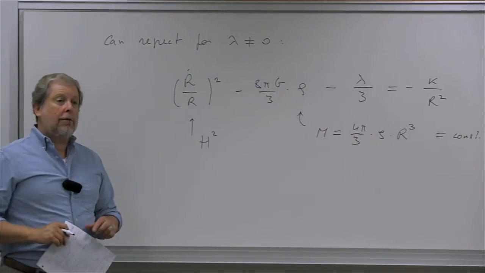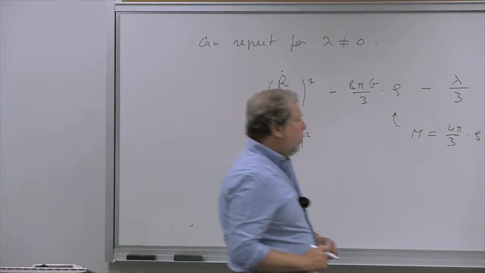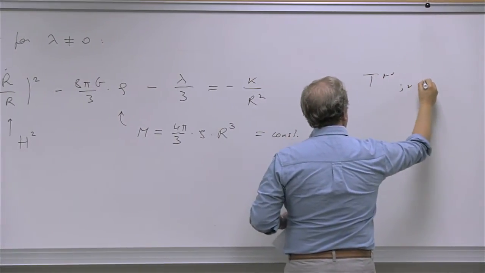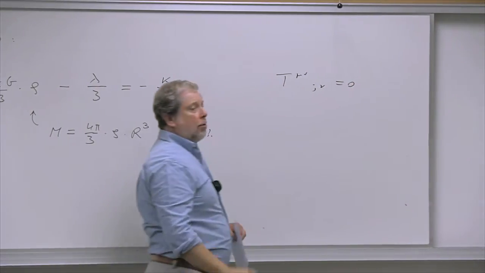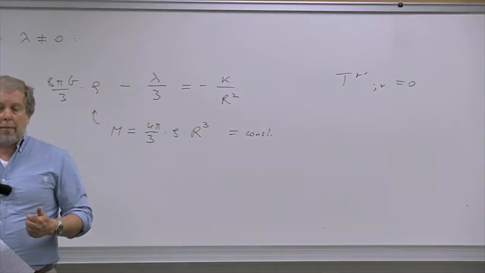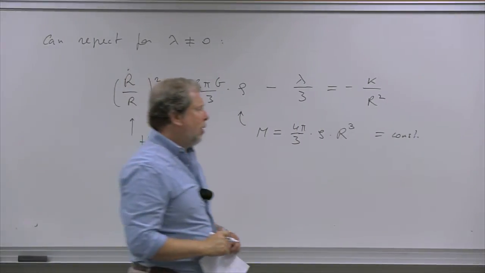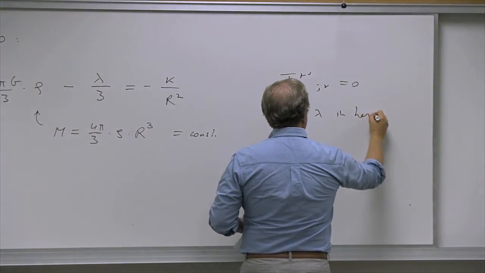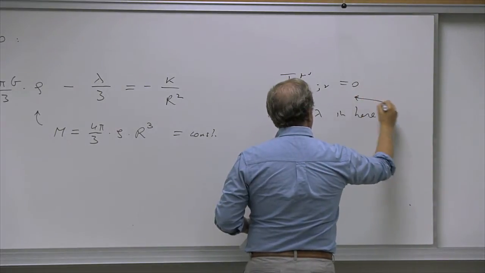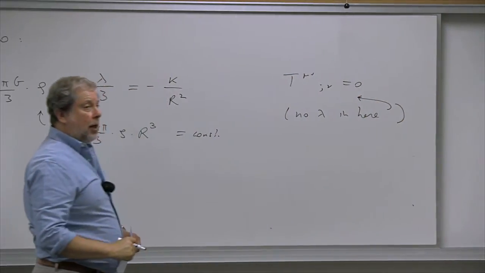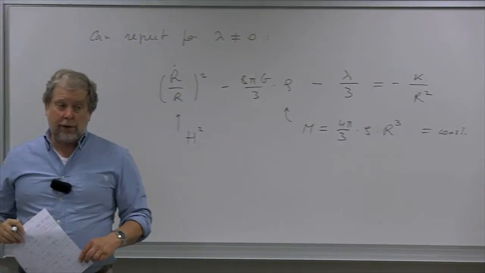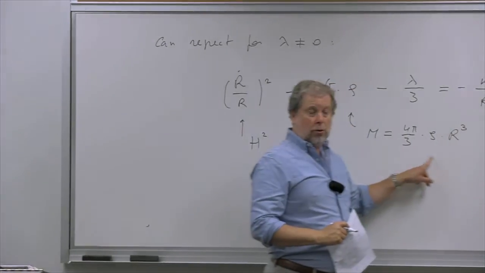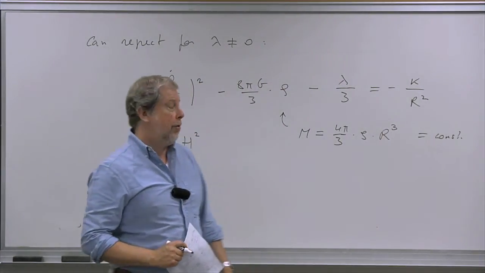By the way, energy conservation does not depend on lambda. The energy conservation states that T mu nu semicolon nu is equal to 0. So it applies to the energy momentum tensor for matter, whether relativistic or non-relativistic. And there is no lambda in here. And so that means that this energy conservation is not affected in any way by the lambda term. And so this argument still goes through because this follows from energy conservation.